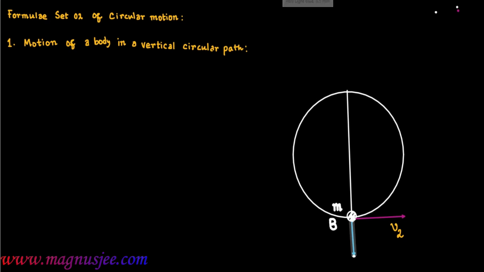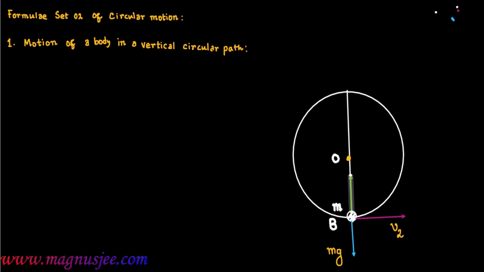V2 is the tangential velocity at the lowest point B. The weight of the body mg acts vertically downwards. O is the center of this vertical circular path, and OB is the string of length r.